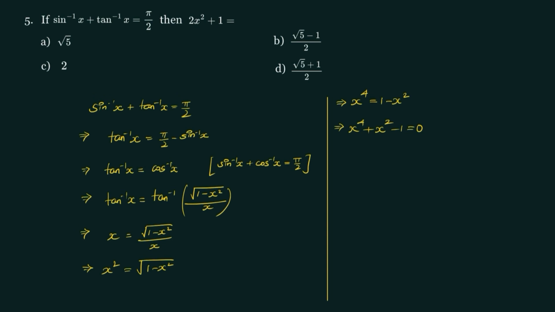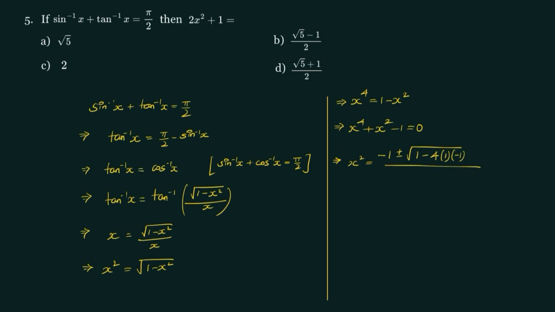So by using Sridhara Acharya's formula we can write x square as, see, we are solving in terms of x square, because x to the power 4 is x square whole square. So my variable is x square here. So minus b is minus 1 plus minus square root of b square, that is 1, minus 4 times a, which is 1, and c is minus 1, whole divided by 2a, and 2 times a is 2.